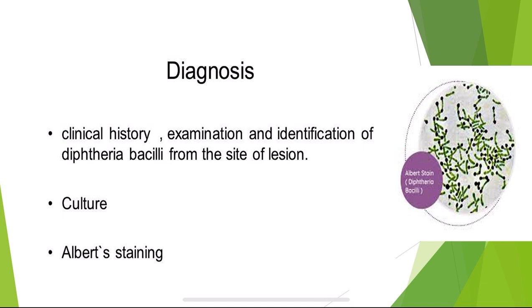For cutaneous diphtheria, we can take a tissue sample of the infected wound. Then comes the Albert's stain. What is Albert's stain? Albert's stain is a microscopic test which helps us identify the Corynebacterium diphtheriae causing the diphtheria. This test is performed by staining a sample from the patient's throat, or in cutaneous diphtheria, from the wound or a tissue, with a special solution. We can also take swabs from the throat, wounds or tissues.